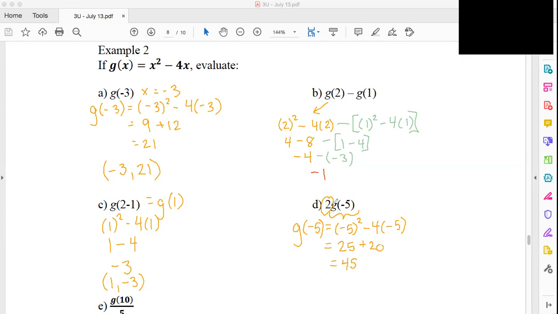Okay, and then we're going to times that by 2. So 2g of -5 is equal to 2 times 45, which is 90. So I'm going to erase this. We're going to move forward.